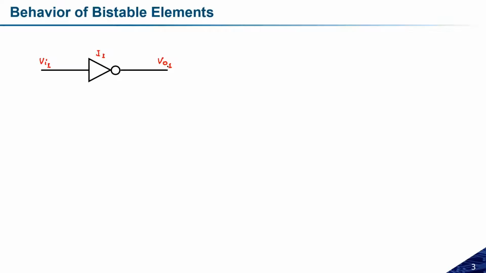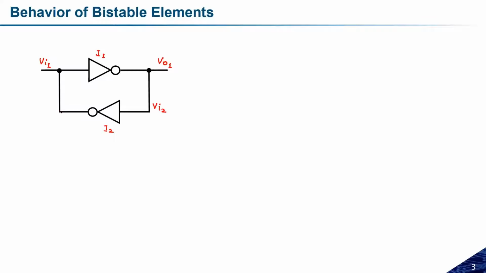Now, if I'm providing some feedback, let us see what I have done. I have connected an inverter in the feedback way, in the other direction, and let us assume this inverter is I2. This node is VI2, the input of the second inverter.